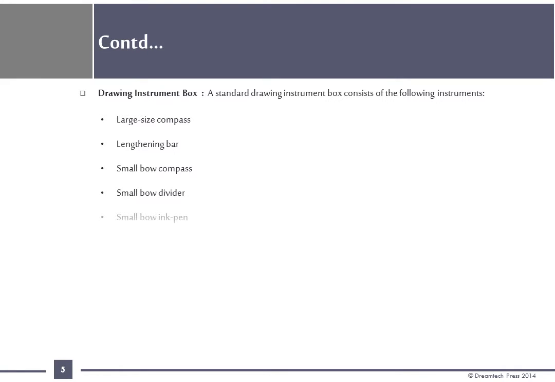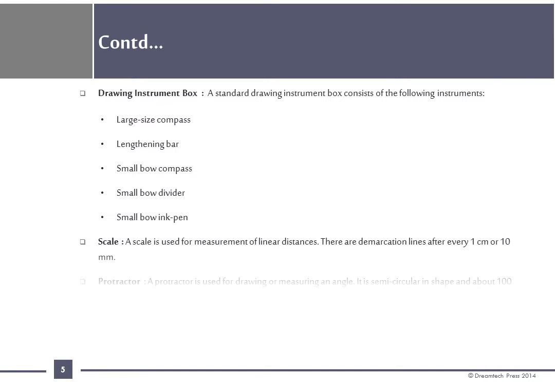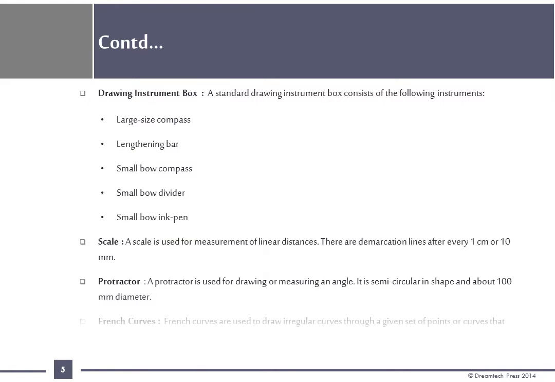There are demarcation lines after every 1 cm or 10 mm. Protractor. A protractor is used for drawing or measuring an angle. It is semicircular in shape and about 100 mm diameter. French curves. French curves are used to draw irregular curves through a given set of points or curves that cannot be drawn by a compass.